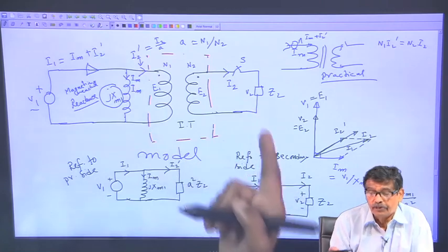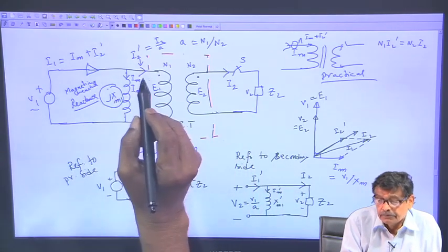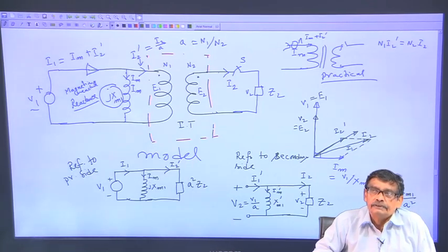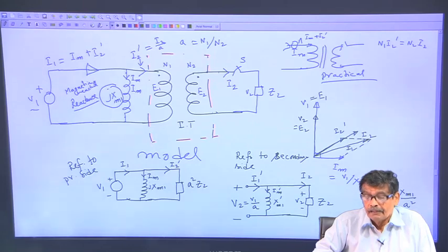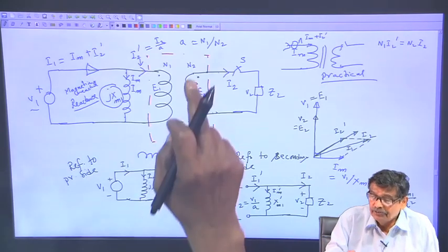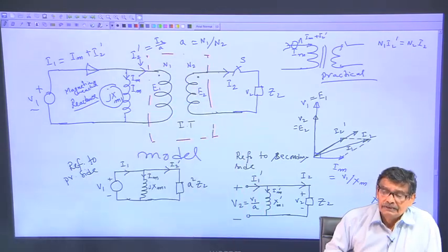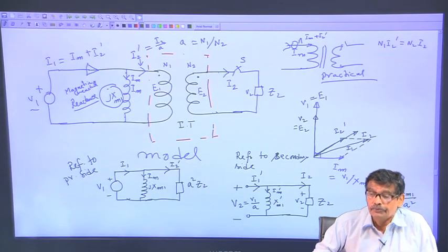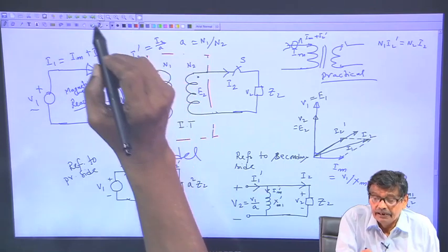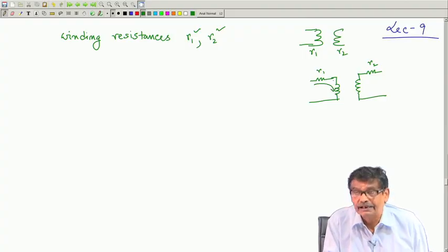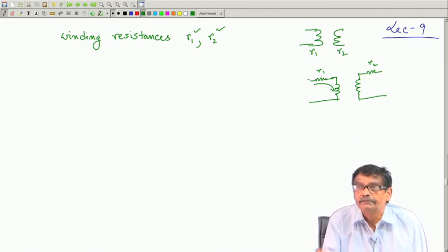Question is, where should I put R 1? Should I put it here? Should I put it there? Where? That is an interesting question. This portion is ideal, mind you. Therefore, if there is winding resistance, what it is going to do? Whenever this coil will carry current, in your practical transformer, there will be a voltage drop here in the resistance.